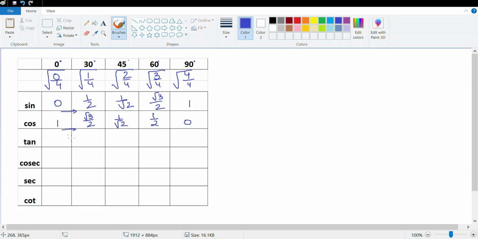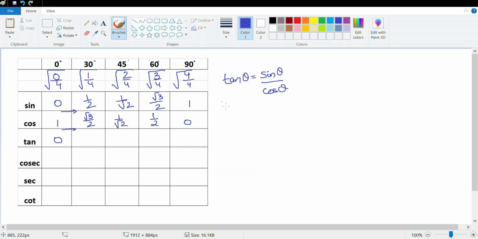Next, if you remember your reciprocal relations and another relation between trigonometrical ratios, tan theta is equal to sine theta upon cos theta. So you divide the value of sine by the value of cos and you get the value of tan. So tan 0 degree would be sine 0 degree divided by cos 0 degree. In this case 0 divided by 1, which is equal to 0.